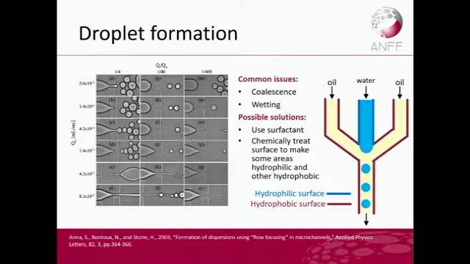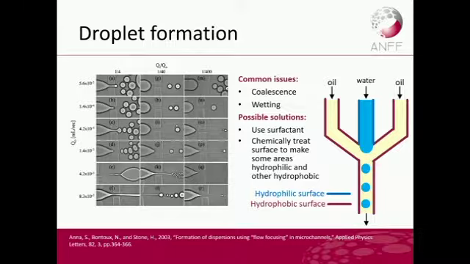Wetting is an issue in a multi-phase system where you have hydrophobic and hydrophilic liquids, and if you don't treat the surface properly, if you have a hydrophilic solution that sees a hydrophilic surface, it will start to wet that surface and it would not allow droplet formation to occur.